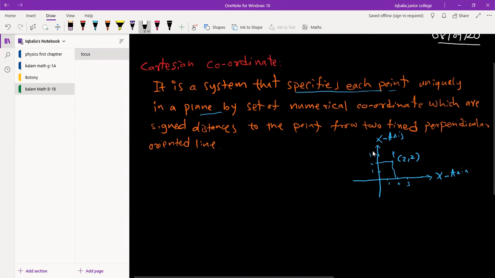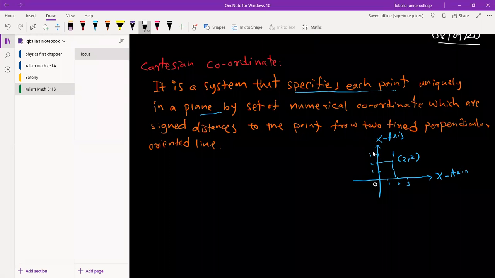This is 0, which we call the origin, where the x-axis and y-axis meet. That point is called the origin. These two axes, the x-axis and this is the y-axis, are called reference lines, because we are taking reference from these two lines.